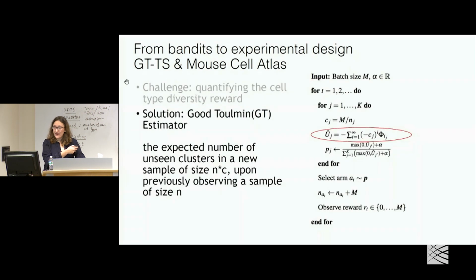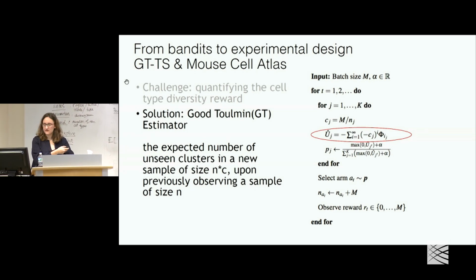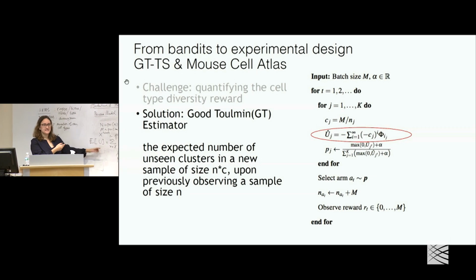So we already went over how to model the diversity setting. You can see here an example of an algorithm that you might want to use. K is the number of regions or arms, and U is the estimator you got very used to seeing. But in this particular case, you see U_j, which indexes how many regions you have.